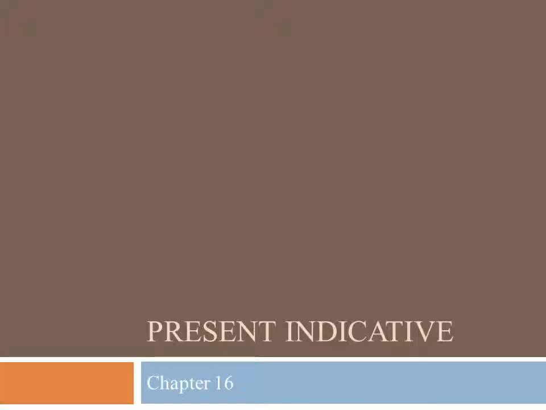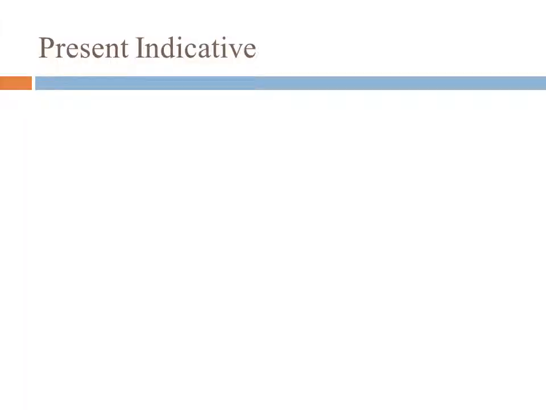Present indicative, chapter 16. The present indicative is made up of the components, the mood, and that mood is indicative. Remember, I told you that mood has to do with the relationship between the verb and reality, and the indicative verb is the one which is the closest to a statement of fact.